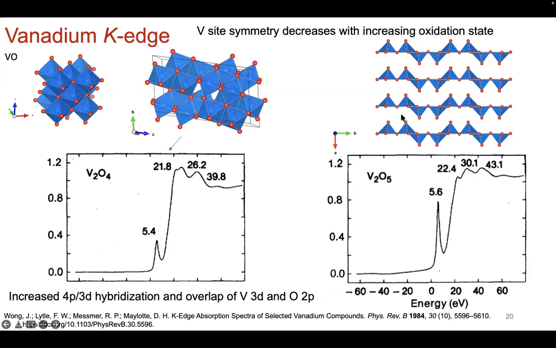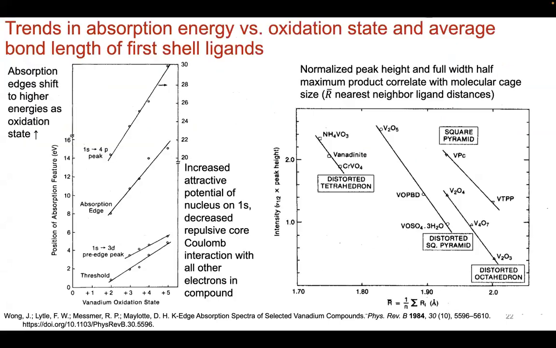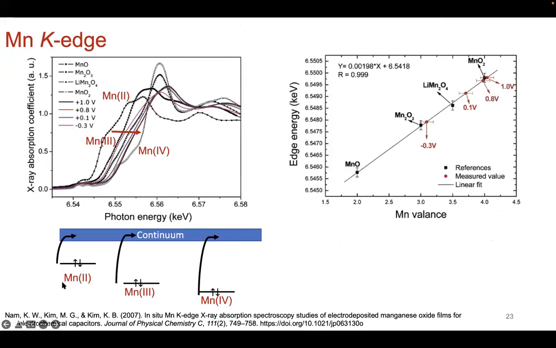And then you go to this sort of layer type structure for orthorhombic V2O5, and you see more of this 4p-3d hybridization, and that's all because as you're increasing the oxidation state, right, your core level energy is also changing.